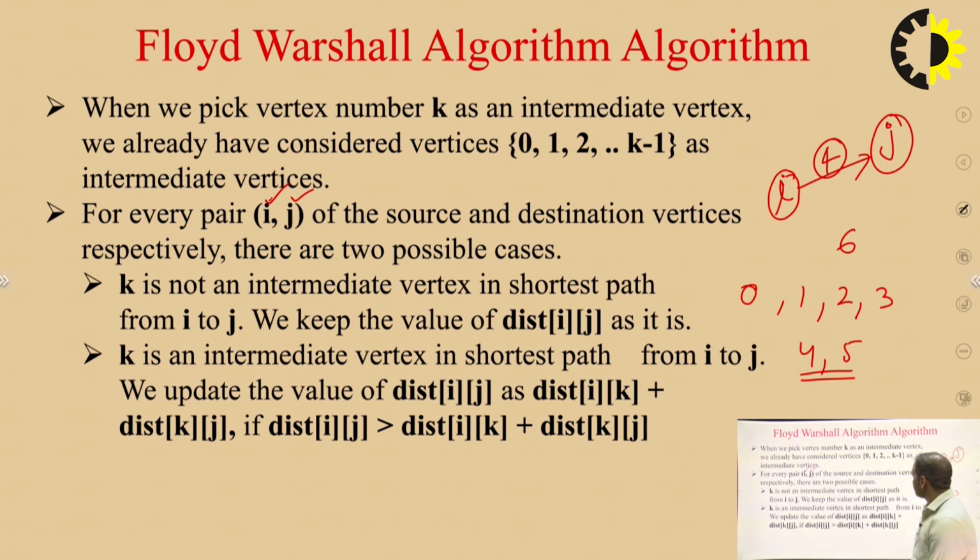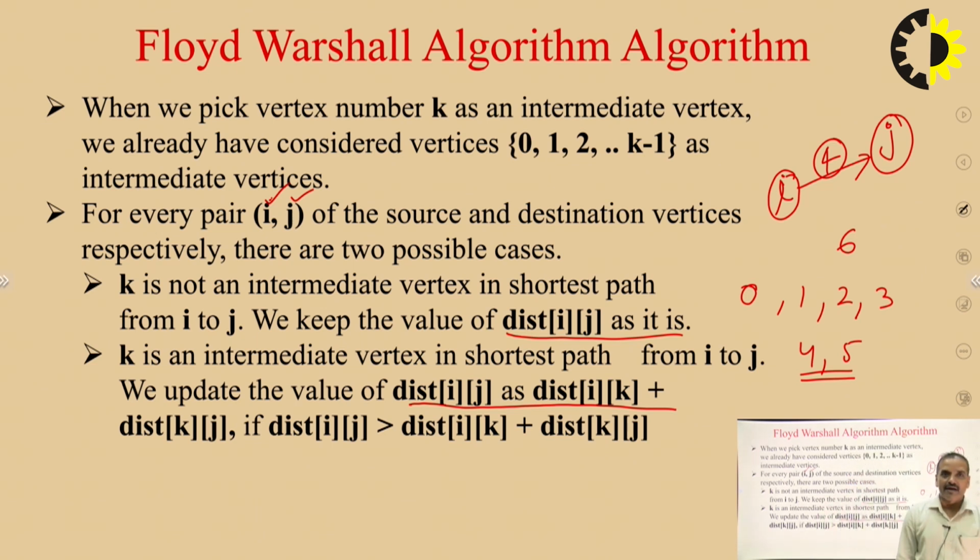We have to find the distance in the given graph by using the formula. In the second case, k is an intermediate vertex in the shortest path from i to j. We update the value of distance i j like distance of i k plus distance of k j. If distance of i j is greater than distance of i k plus distance of k j, we update it. Otherwise we do not update the value of the given position.